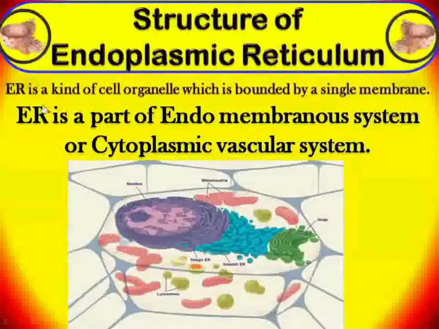This endoplasmic reticulum is a part of the endomembranous system. The most important thing is that the endoplasmic reticulum constitutes the major part of the endomembranous system or cytoplasmic vacuolar system.